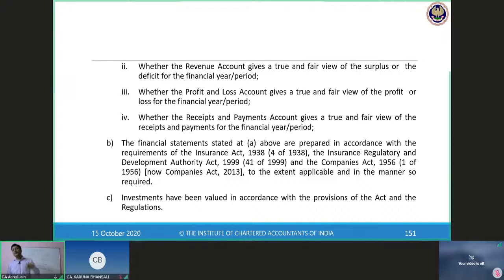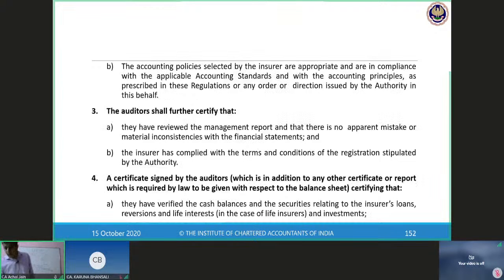You remember, Insurance Act is what we started with. IRDA Act 1999, Companies Act, which is now Companies Act 2013, to the extent applicable and in the manner so required. Investments have been valued in accordance with the provisions of the Act and the regulations.